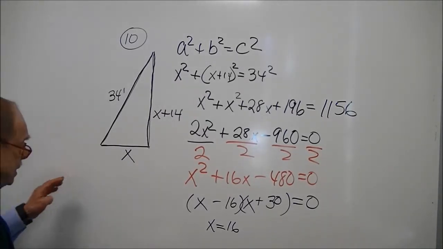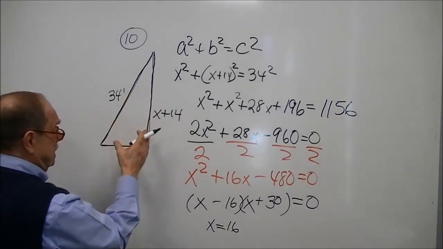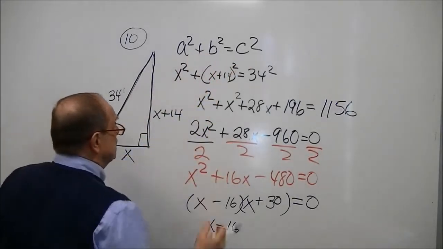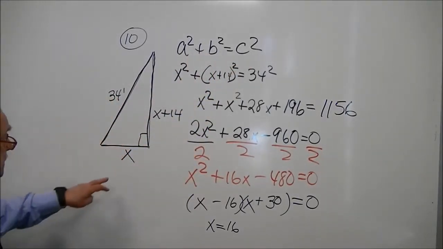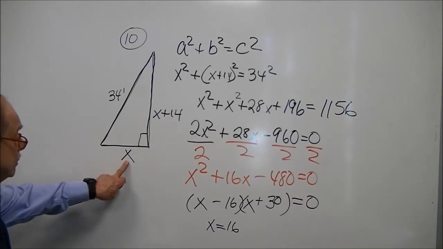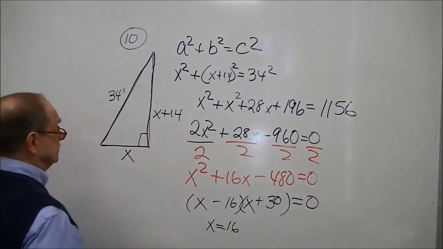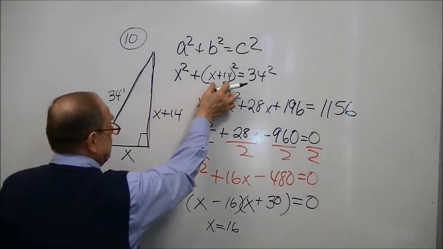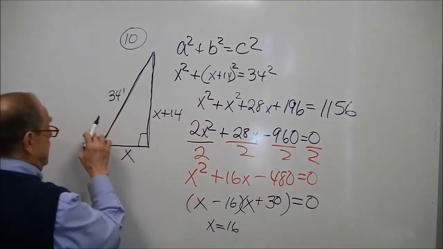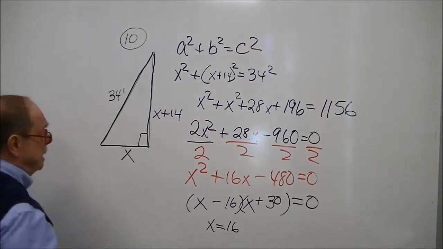Okay, so again, this is a right angle, and this is a Pythagorean problem. So our first side that we don't know is x, which we're going to square. We're going to square this other leg, which is there, and it's going to be equal to the square of our hypotenuse.